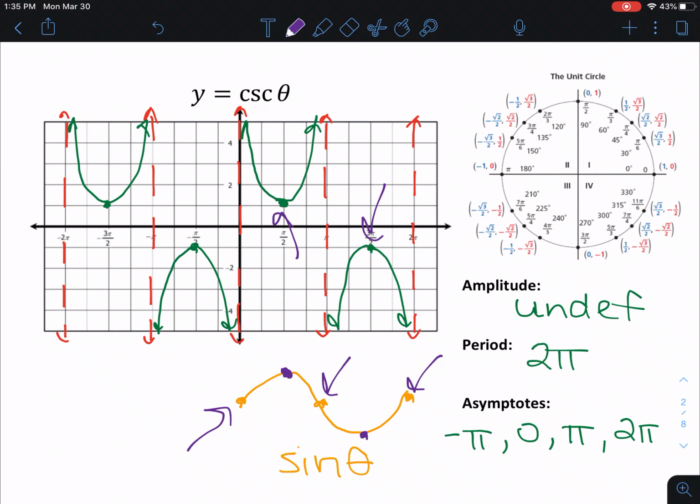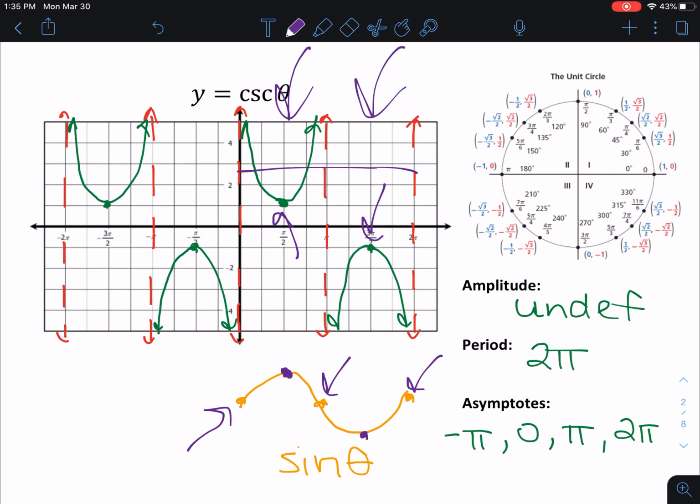So, all right, let's take a look at amplitude. Amplitude, by definition, would be undefined here. The period is 2 pi. Be careful here that you don't just look at this section and say, oh, that's only a pi. Remember, it has to repeat, so it has to have that section plus this section.